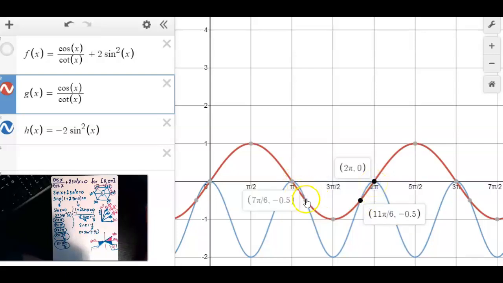So here are the 5 points of intersection between the left side of the equation and the right side of the equation. And there they are at 0, 7 pi over 6, pi, 11 pi over 6, and 2 pi. So those are also the same solutions that we had when we solved it out algebraically. So this is just another way you can check instead of using the graphing calculator. Okay, I hope that helps.